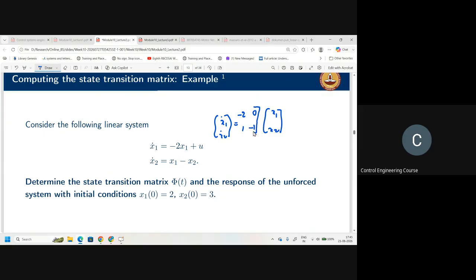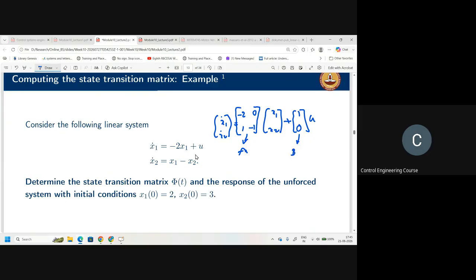If you see the matrix multiplication, x1 dot is minus 2 x1 plus 0 x2, and x2 dot is x1 minus x2. Plus u: x1 has u but x2 does not, that means it is 1, 0 times u. So this is your A matrix and this is your B matrix.